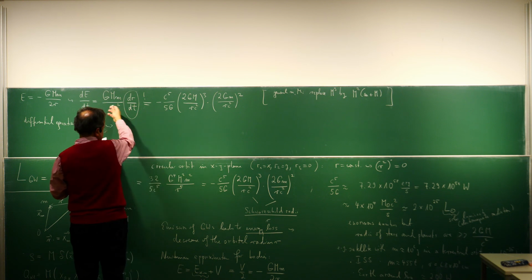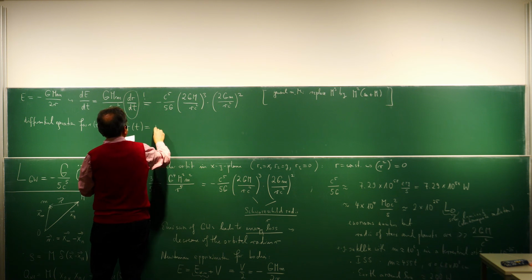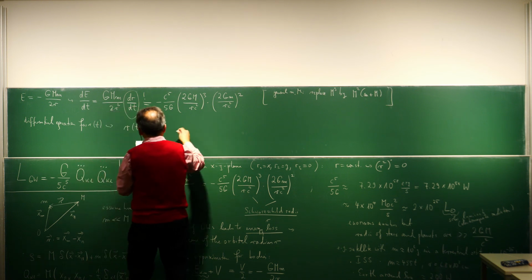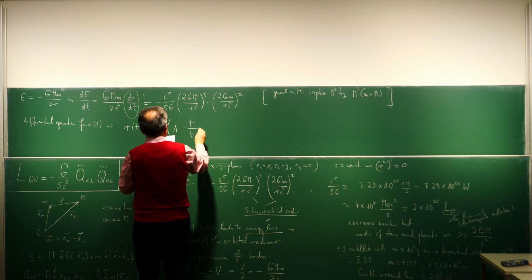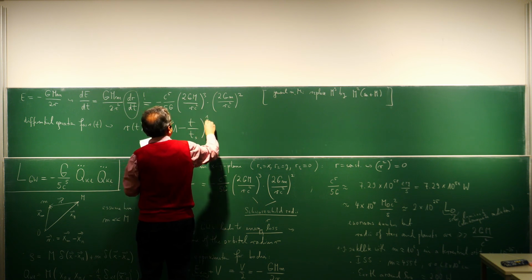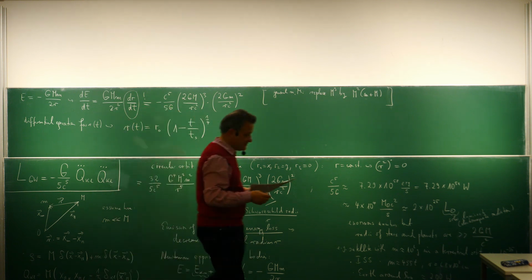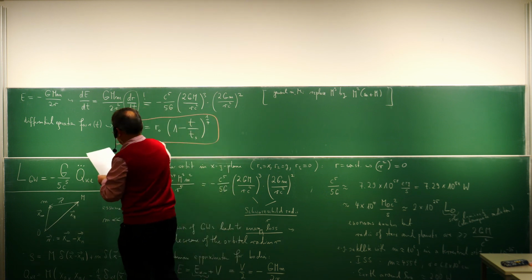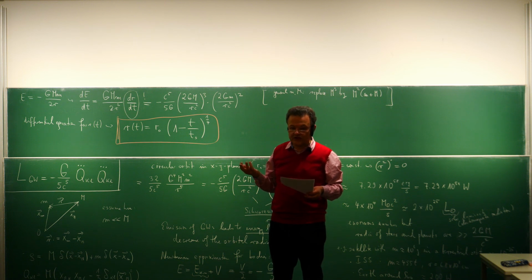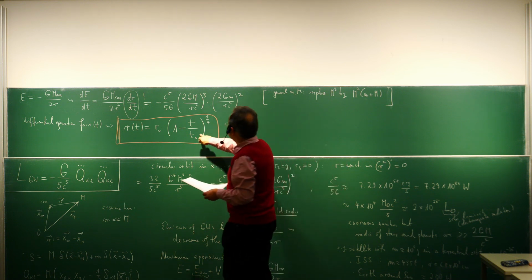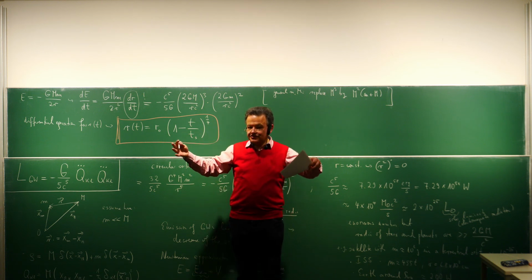You can directly convince yourself that r of t is given by a factor r naught, which I will write down, times (1 minus t over a characteristic time ts) to the 1/4. Now this comes from these powers of r that you have here. The r naught is the initial radius you start with when you count your time, and the characteristic time is the time when this initial radius shrinks to 0.